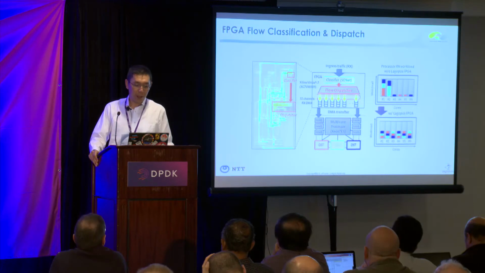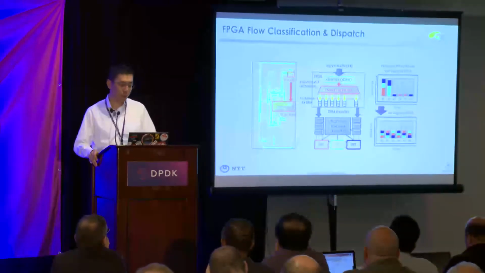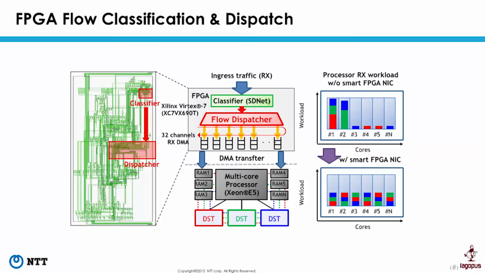So what we did in the FPGA NIC is extend two components of a NIC system. The first one is a smart classification, and the second one is a dispatcher to the many hardware queues. In case of high performance, for example 40 gig, the I/O thread cannot retrieve that many packets to the user space.